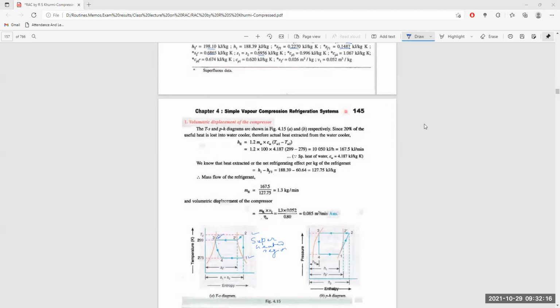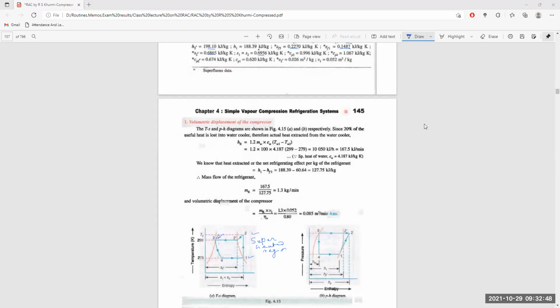Now 20% of the useful heat is lost into the water cooler. Therefore, the actual heat extracted from the water cooler will be the flow rate of water multiplied by the specific heat of water, multiplied by the temperature difference of the water, from a higher temperature of 299 to a lower temperature of 279, that is 6 degrees centigrade.